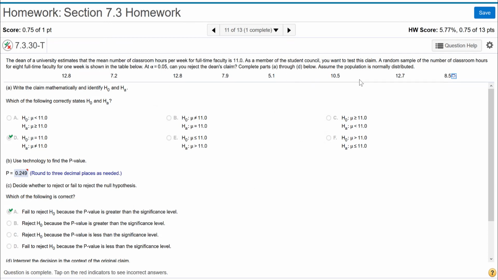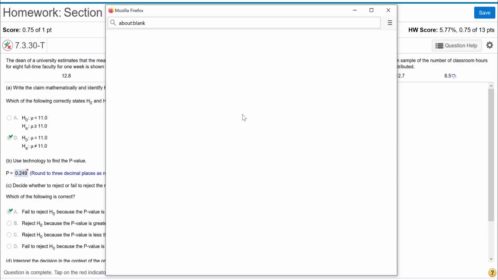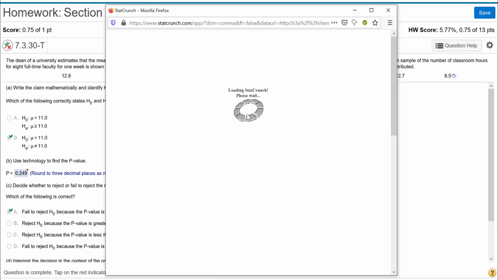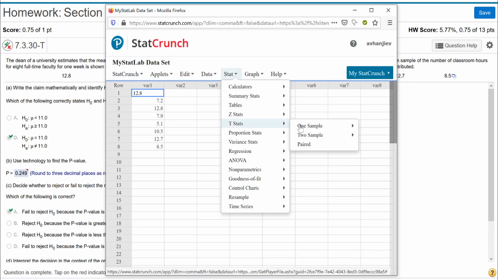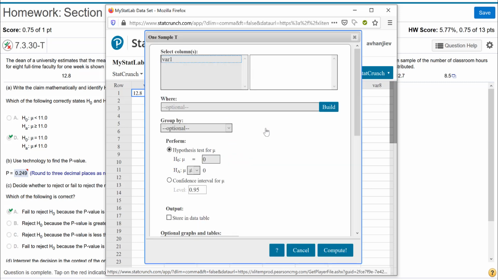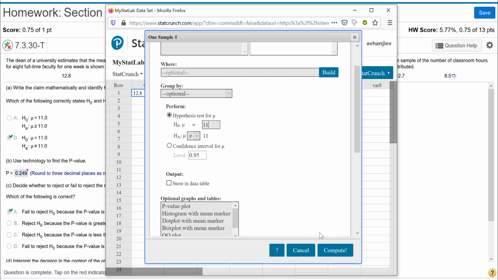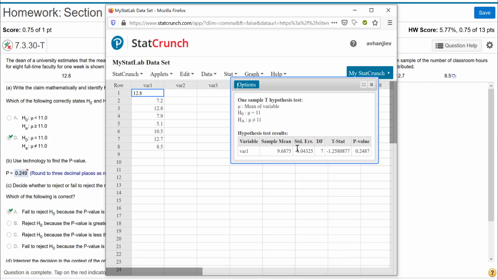Okay. So let me do that again real quickly here. All right, and jumping to StatCrunch again. There it is, Stat, t-stats. It will automatically already think about how many numbers you have, right? So your degrees of freedom is going to be listed as well, and there it is. There's your p-value, 0.2487.